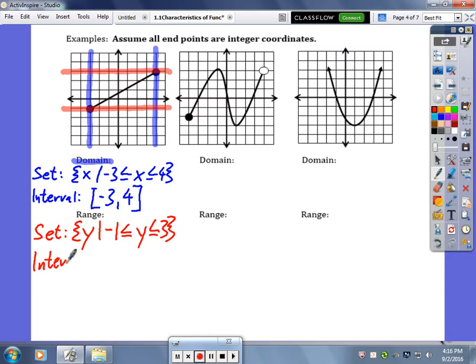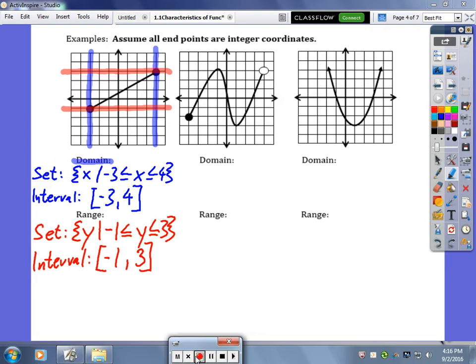In interval notation, we write open bracket negative 1, comma 3, close bracket, both times with brackets because the circles are closed.